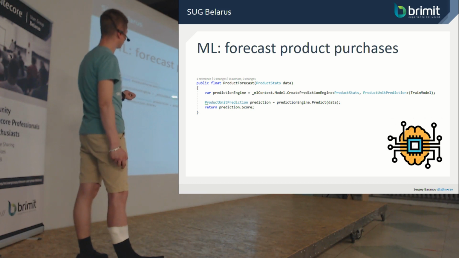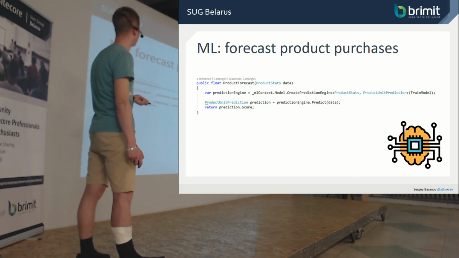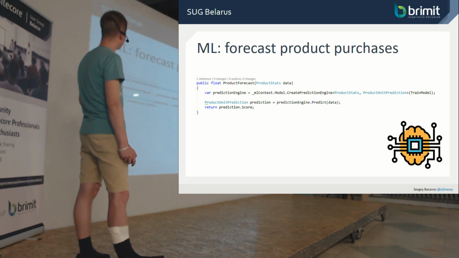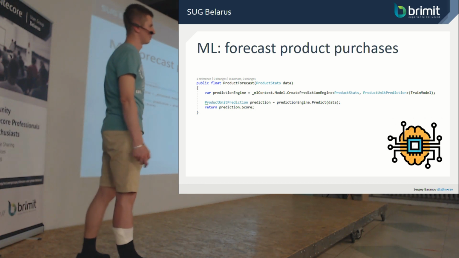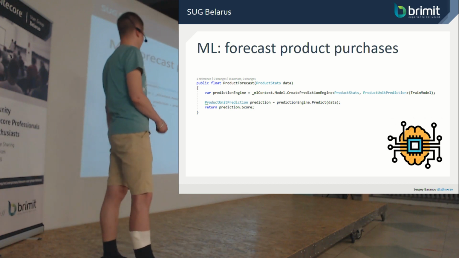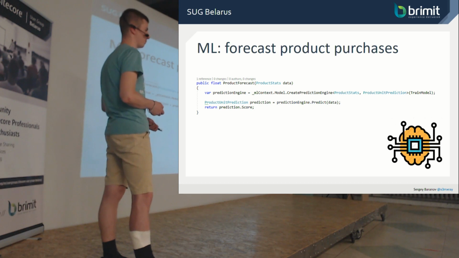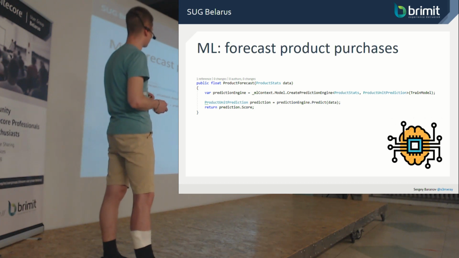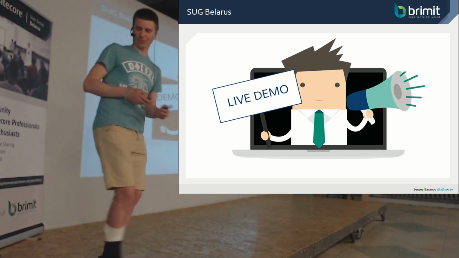Machine learning takes this data, loads the trained model, creates a prediction engine, calls predict and returns a value, a forecast of future sales for the month and year that we want. Okay, let me show you a demo.